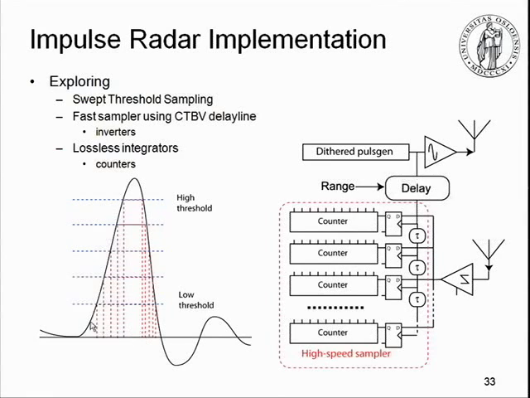If I have a low threshold, I get this white pulse here. So depending on what threshold I'm selecting for my thresholder, I'll get these different results. So we figured out, why not sweep the threshold? Start from some low value and then sweep it upwards and keep going.